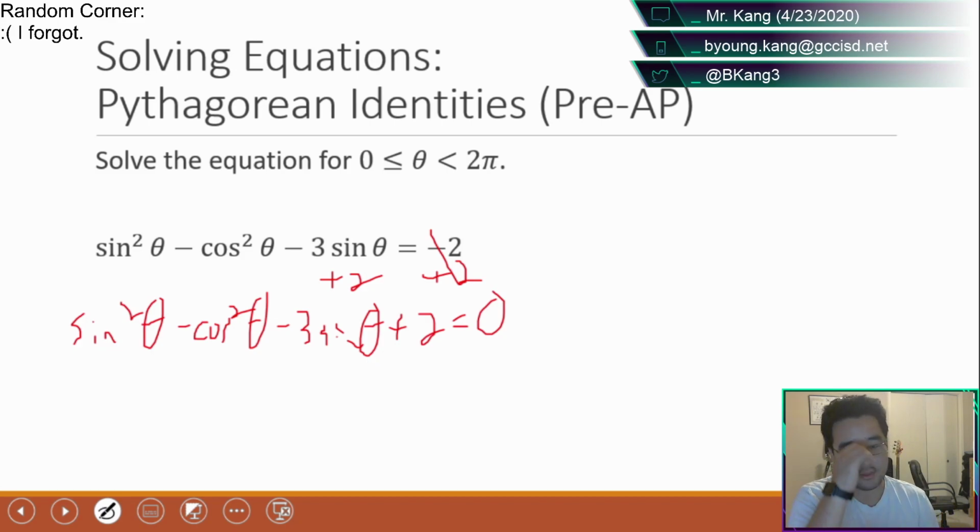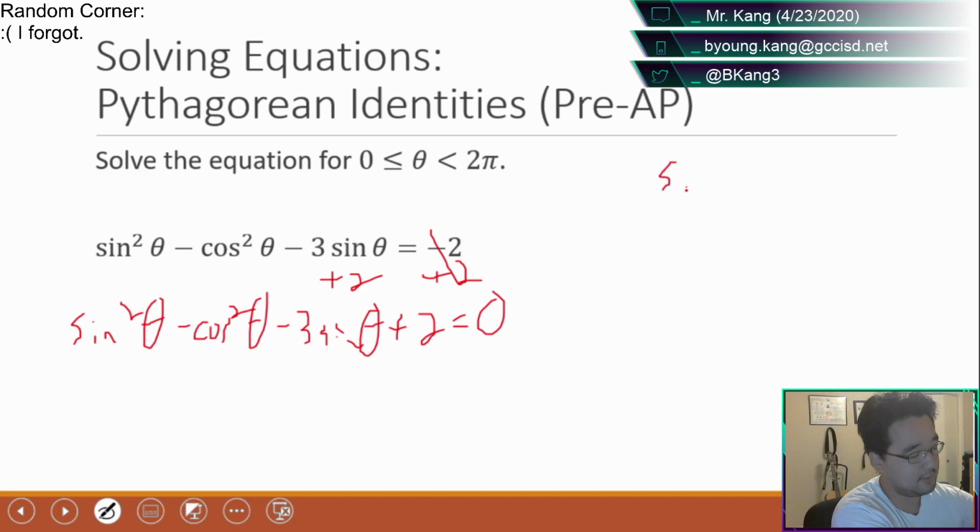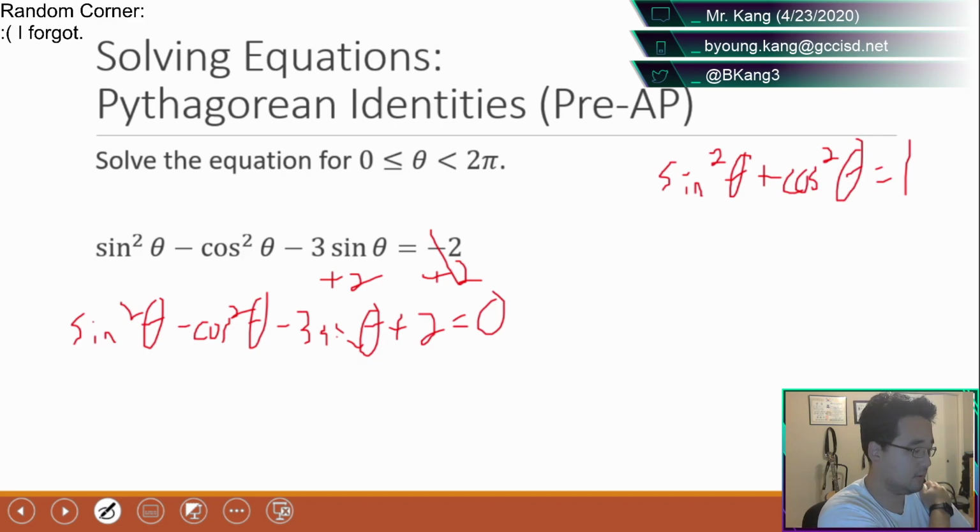But luckily, we know Pythagorean identities. So the most important one you're going to need is this one, the one I always star. Because if you think about the unit circle, any x coordinates, if you do Pythagorean theorem on any part of the unit circle, it's always x squared plus y squared equals 1 squared, which is 1.